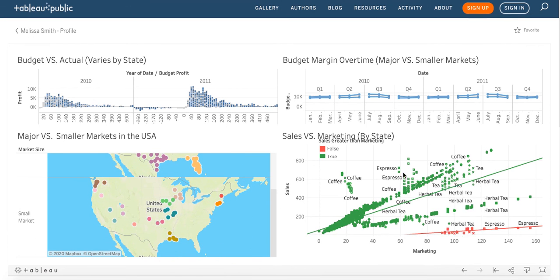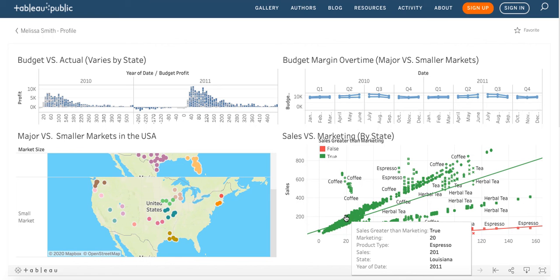So then lastly, bottom right, this is sales versus marketing by state. I wanted to clarify everything by state and within the United States. I was thinking the coffee shop's revenue and sales need to be greater than its marketing, because you don't want to spend too much on marketing and not enough on sales.